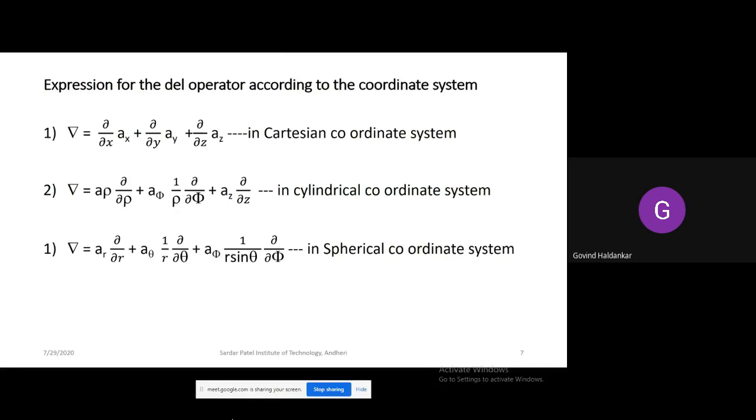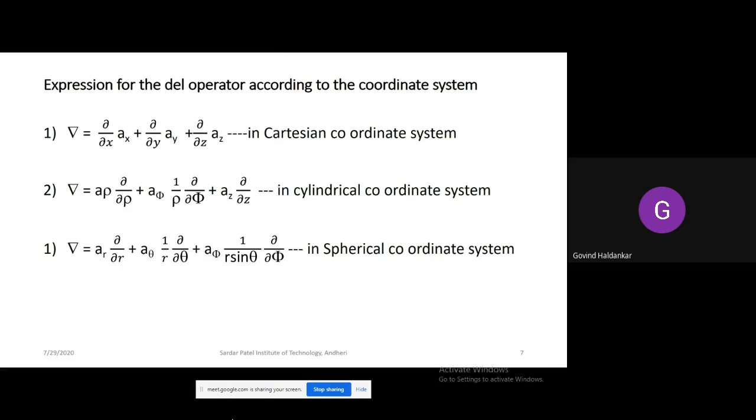Now if you observe these three equations, you will find that in the first equation, the unit vectors are written after the operators, that is ∂/∂x is the operator, and after the operator the unit vectors are written.